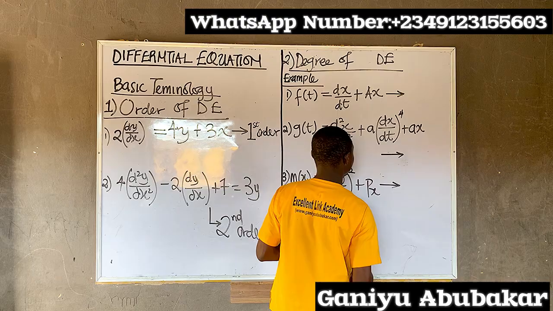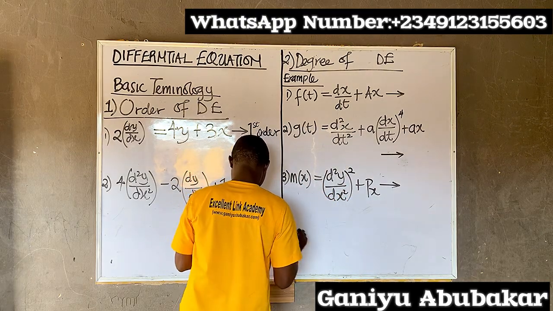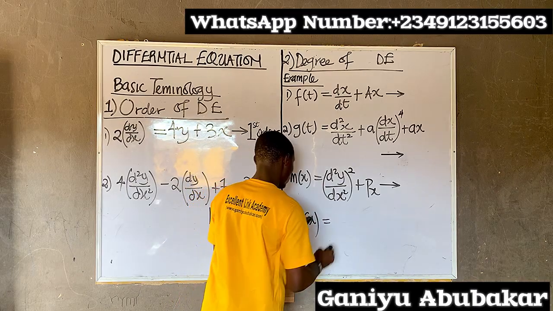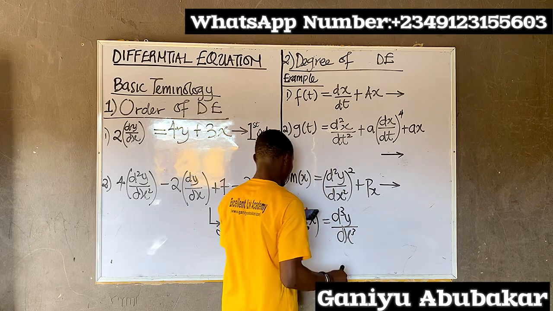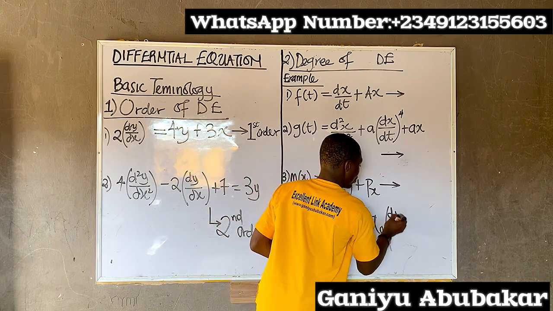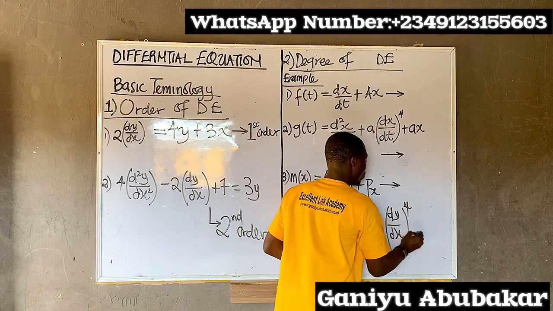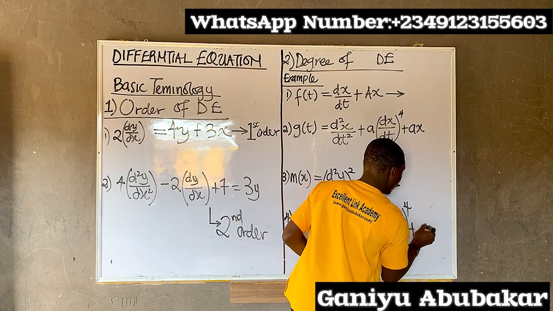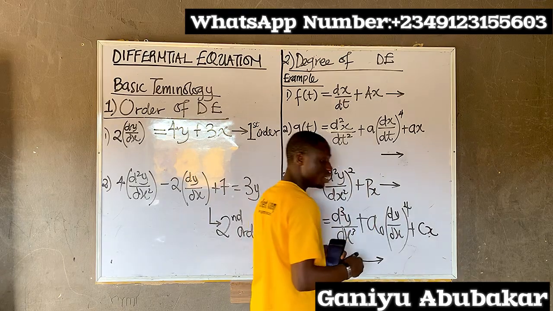So what is the order and degree here? Number 4, I have n of x equal to d cubed y over dx cubed plus a naught into dy over dx to the power 4 plus cx. What is the order and the degree?